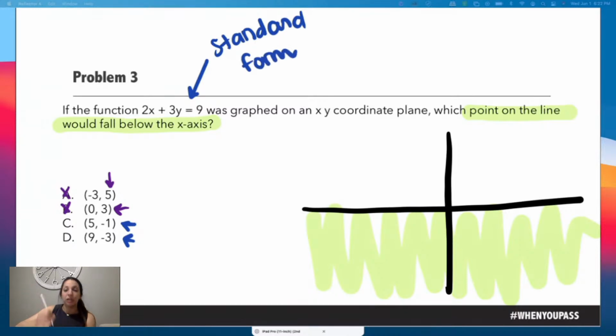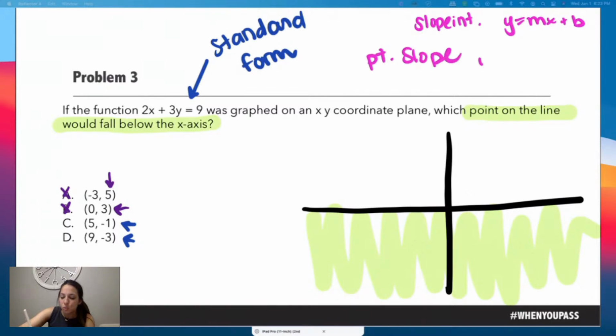Standard form is really not that helpful when we're graphing lines. Slope-intercept form or point-slope form is way more helpful. I'm just going to show it to you really quickly because everybody needs to know it. Slope-intercept form is y equals mx plus b. Point-slope form is y minus y1 equals m times x minus x1.